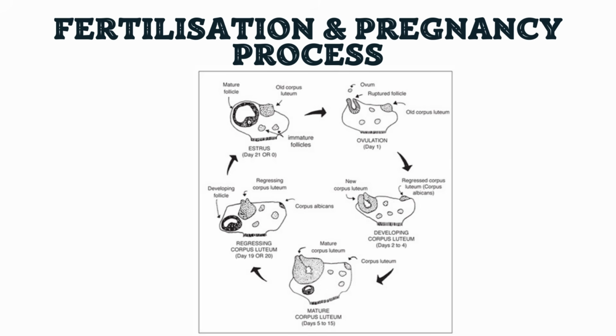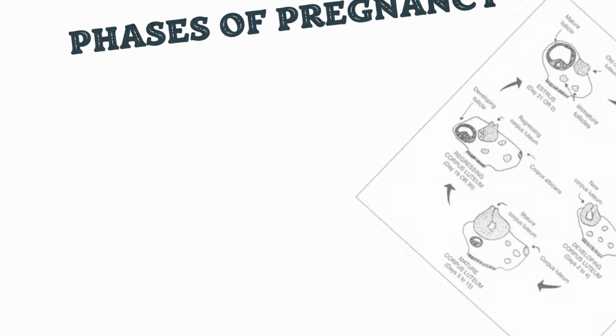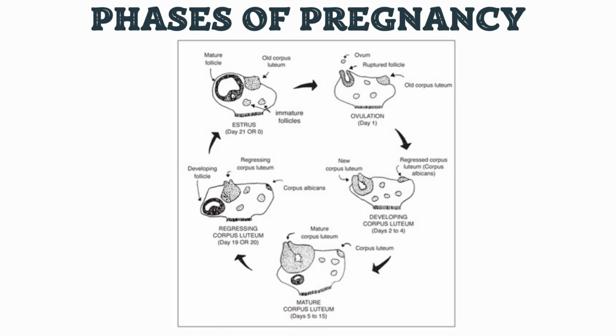Now, the calf will then undergo two distinct phases of pregnancy. What are these two phases? We've got what we call the embryonic phase.